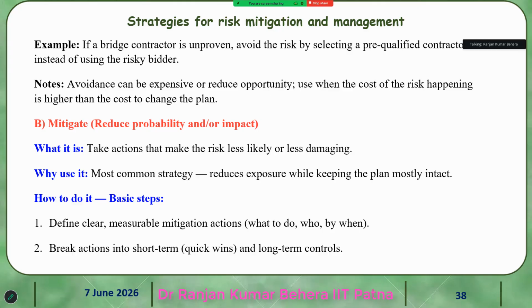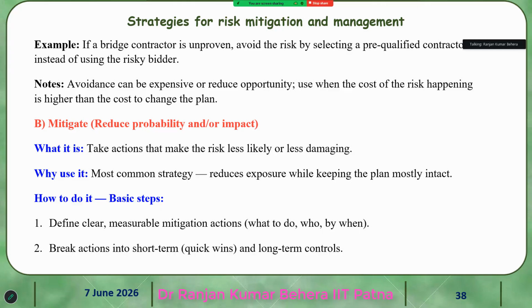So whenever we are taking the action, you see that the risk is managed, and it is not affecting as much, or we can make the risk less. This is the most common strategy that you should use: reduce exposure, keeping the plan mostly intact.